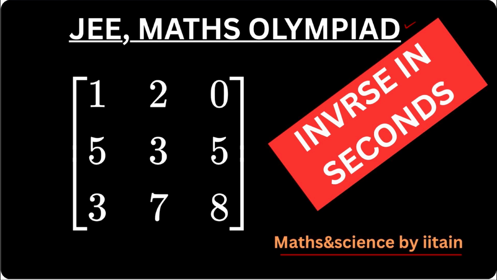And the third method is by row and column operations using the Gauss-Jordan method. The easiest among all of them is the row and column elementary operations using the Gauss-Jordan method.